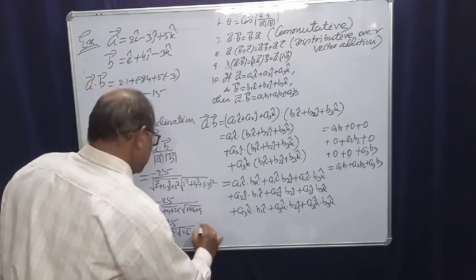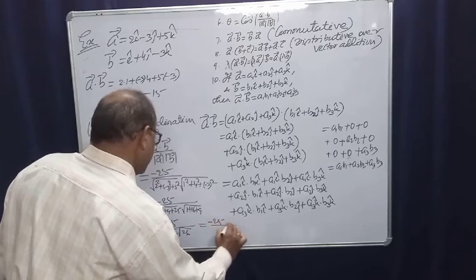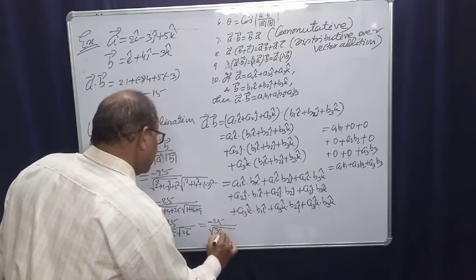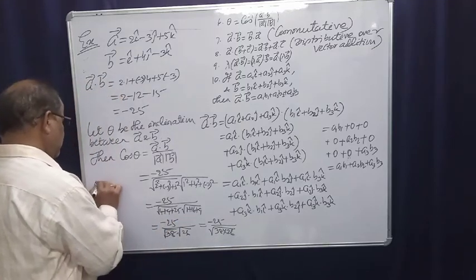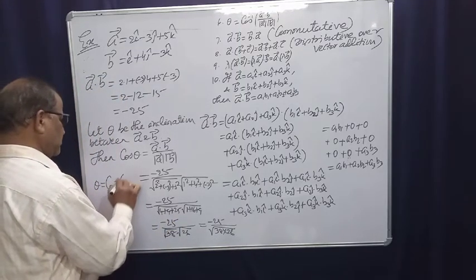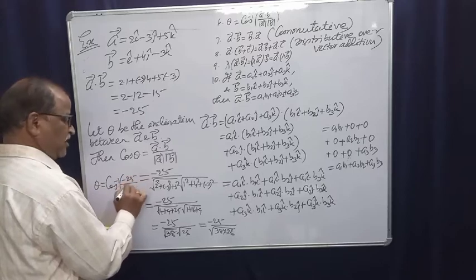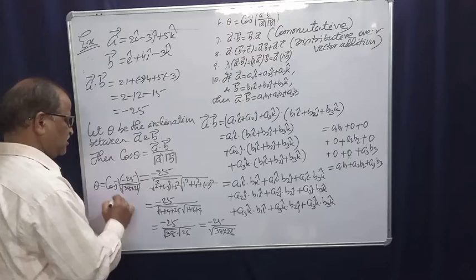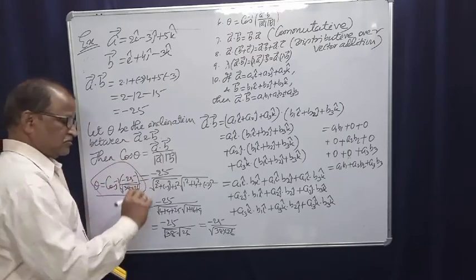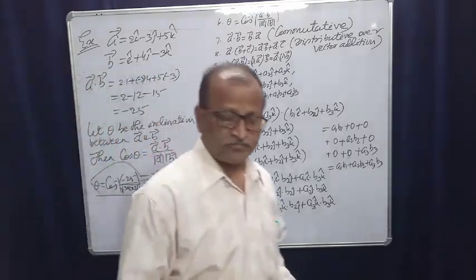That is minus 25 by square root of 38 into 26. And theta will be cos inverse of minus 25 by square root of 38 into 26. Right?